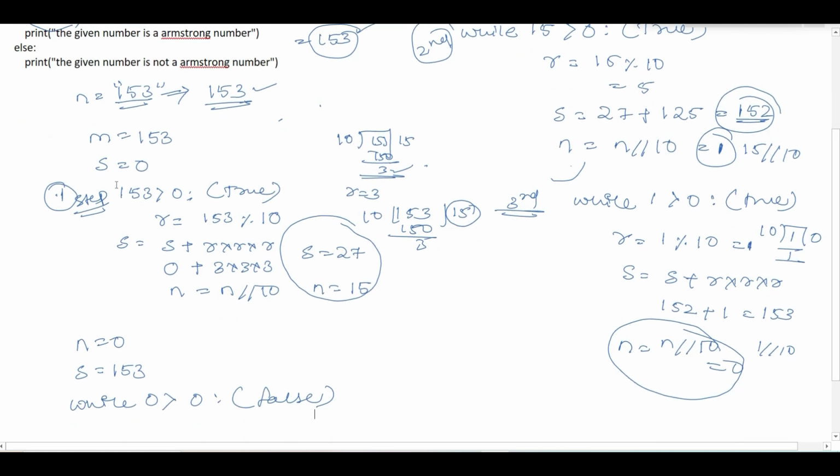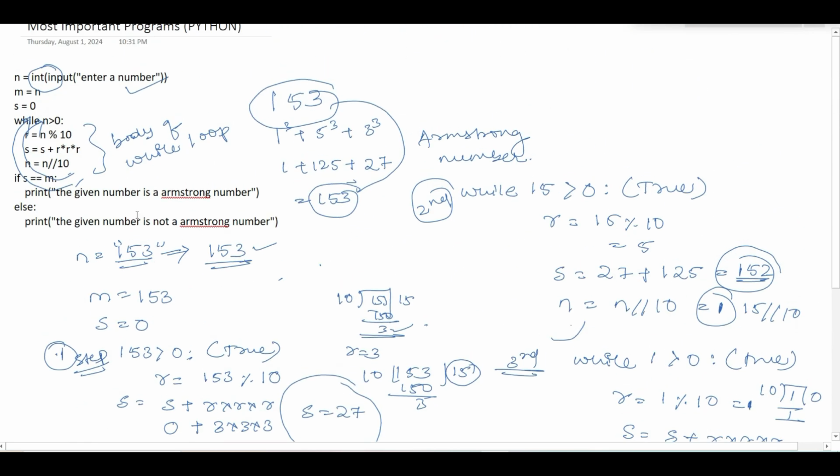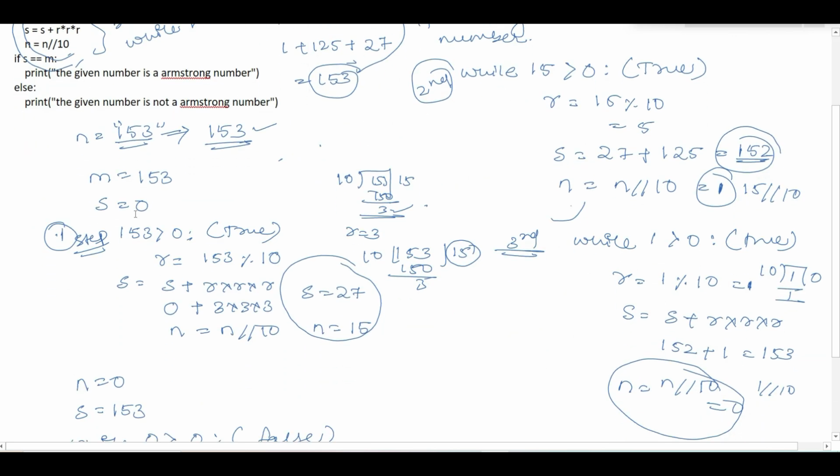So since 153, when we cube the digits and add them, we get 153, this particular number is an Armstrong number. Clear?